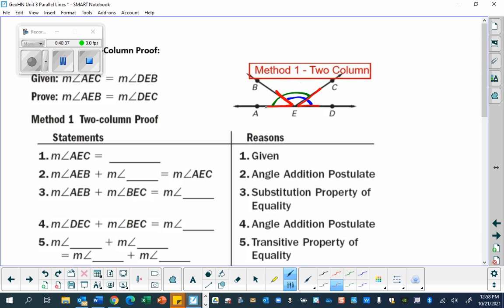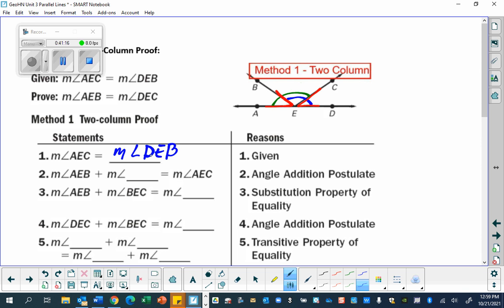So I know right away I'm going to have some angle addition action happening. Because if I'm given the two bigger angles are equal to each other and I have to prove the two smaller angles are equal to each other, I'm obviously going to take away that one in the middle that they share. Does that make sense to you? That plan for the proof is the most important step one. If you know what you're doing, then doing all those little details will fall in line. All right, so the first thing that we're given is the measure of angle AEC is equal to the measure of angle DEB.